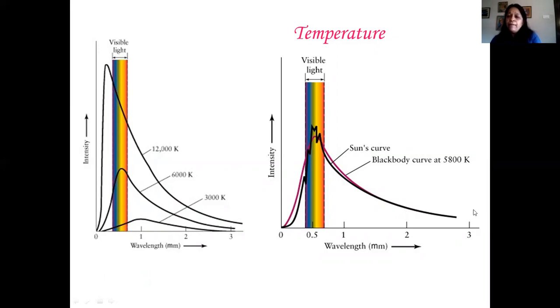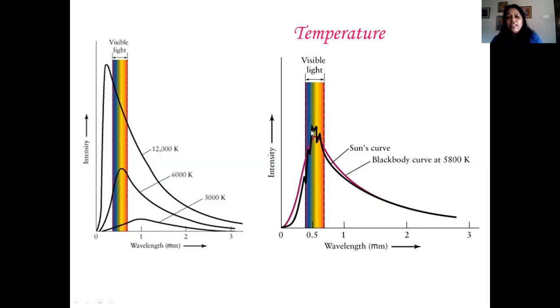For example, the radiation which comes from the sun can also be approximated as a black body radiator. In that case, what you see is that the peak of the sun's radiation comes in this part, which is the yellow part, right? You know that the sun appears yellow to us because the peak of solar radiation is in yellow light.